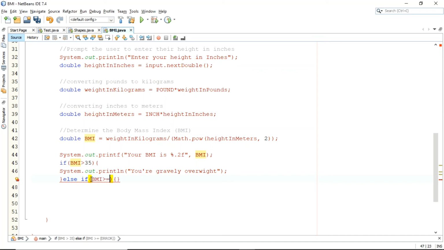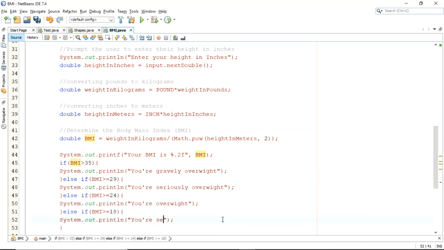So we can simply say seriously overweight. So lastly, else, what should it be?